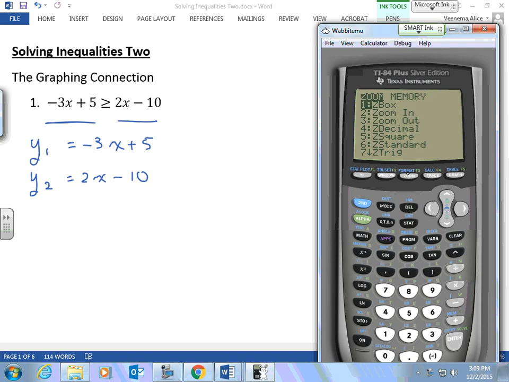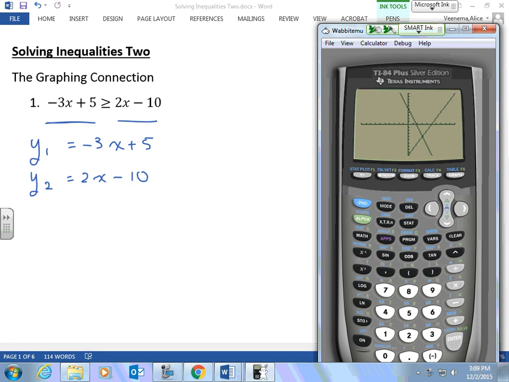And I just want to make sure I'm zooming. So there's the first equation and there's the second equation. I'm really looking at when is this first equation greater than or equal to the second equation.